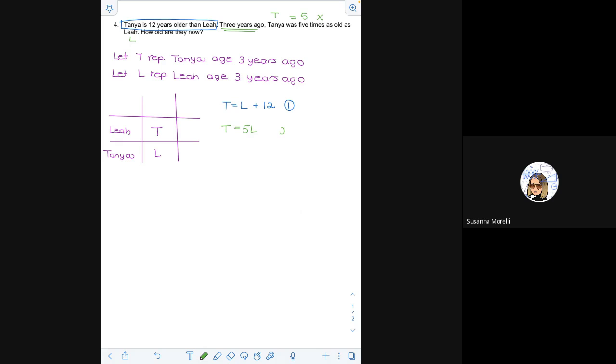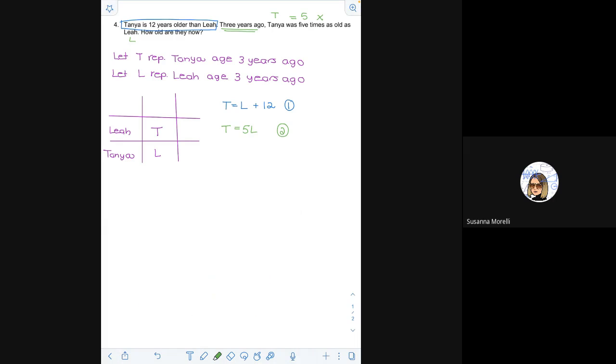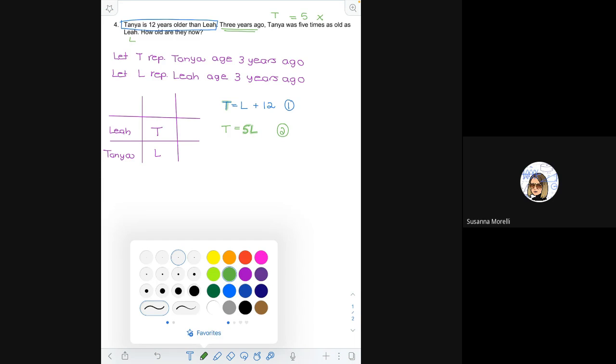So that's our second equation. So now we have two equations. So where I see T in this equation, I'm going to replace it with this 5L, because I need one equation and one unknown.